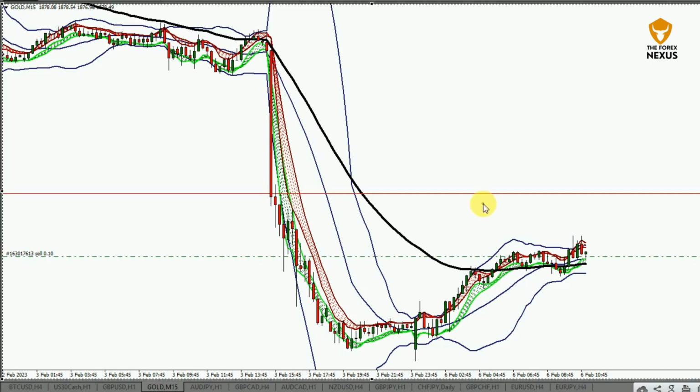First of all, the market will make an extreme. Suppose this is a Bollinger band, the market will make an extreme here, so this point will be the extreme.